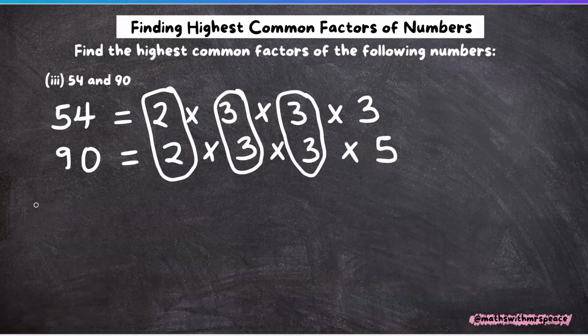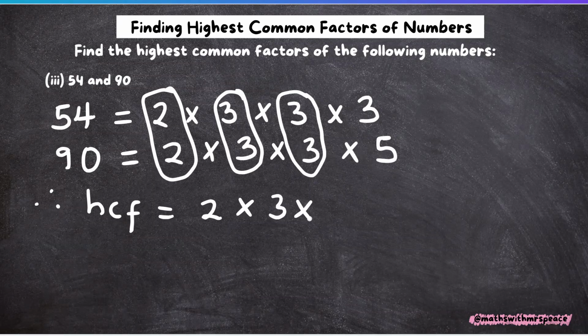So therefore, our HCF will be equal to 2 times 3 times 3. 2 times 3 will give us 6, and 6 times 3 will give us 18. And that's our highest common factor.